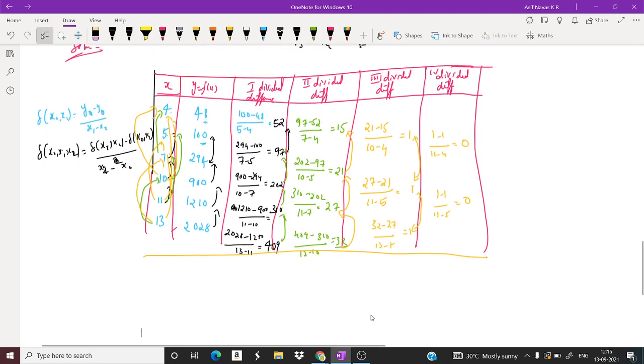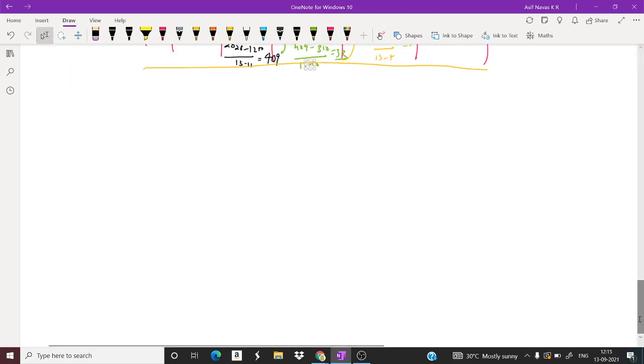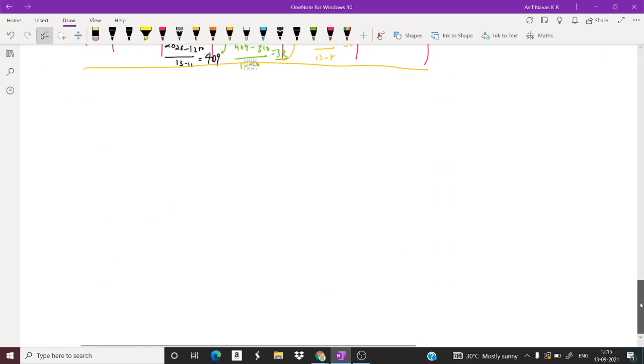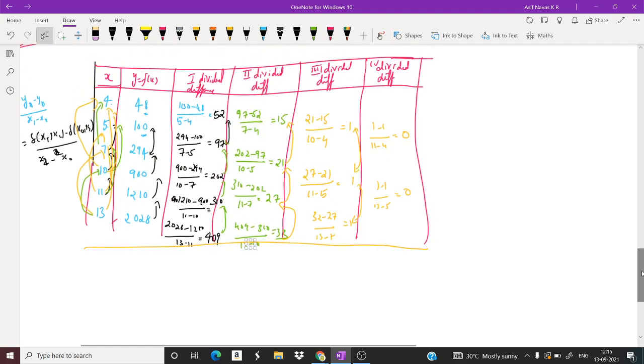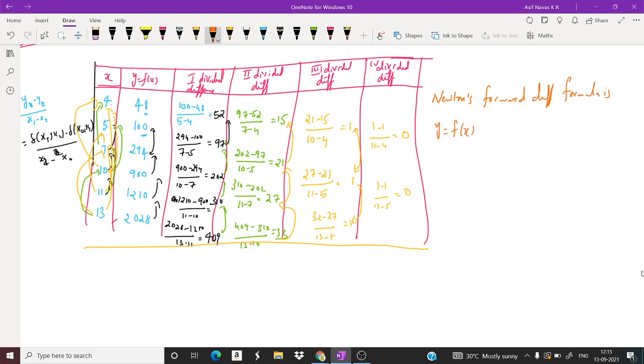So now our formula is, we know that Newton's forward difference formula is y equal to f of x is equal to y0 plus x minus x0 into delta x0 x1 plus x minus x0 into x minus x1 into delta x0 x1 x2 plus etc. So now we can write the formula.